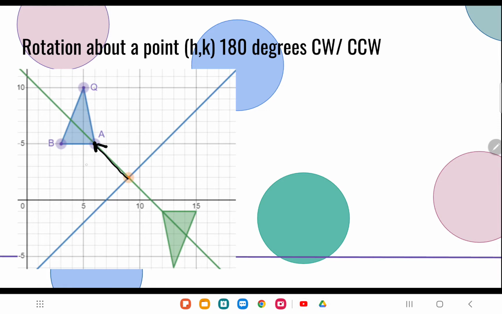My first vector from 9, 2 to A is -3, 3. My vector to Q is -4, 8. And then my vector to B is -6, 3.